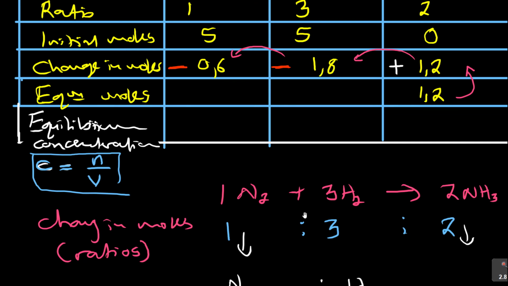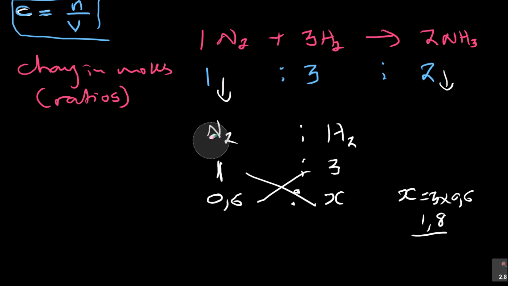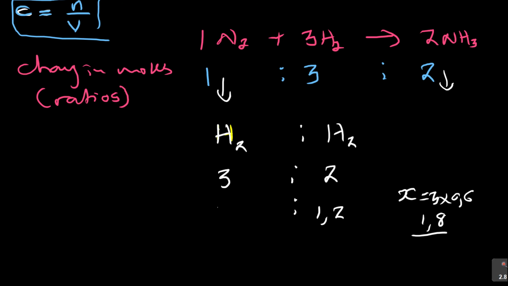Or if you wanted to force it out, you could have used this one here. As I say, it was not necessary, but the answer was going to be the same. You put hydrogen here. With hydrogen, it was 3 is to 2. But you remember, it was 1.2 here. Hydrogen becomes x.